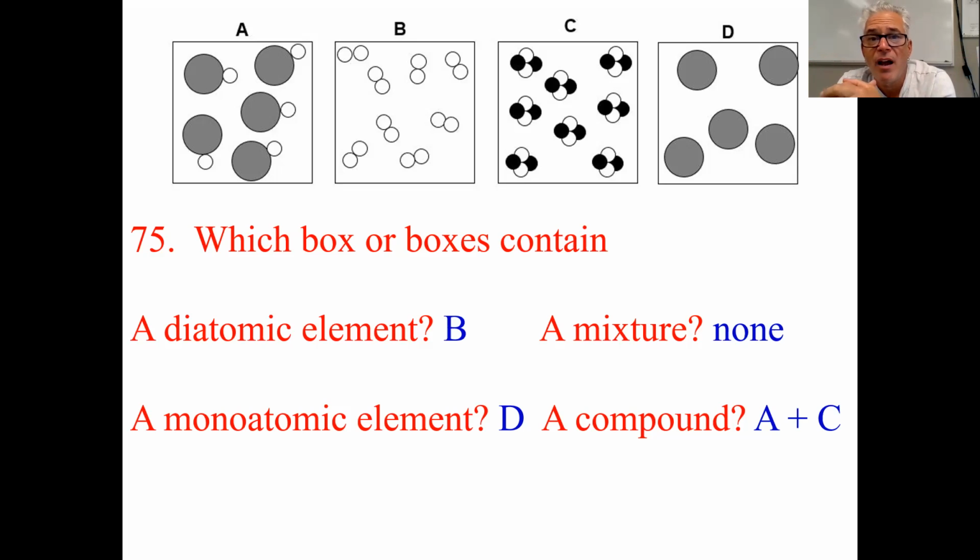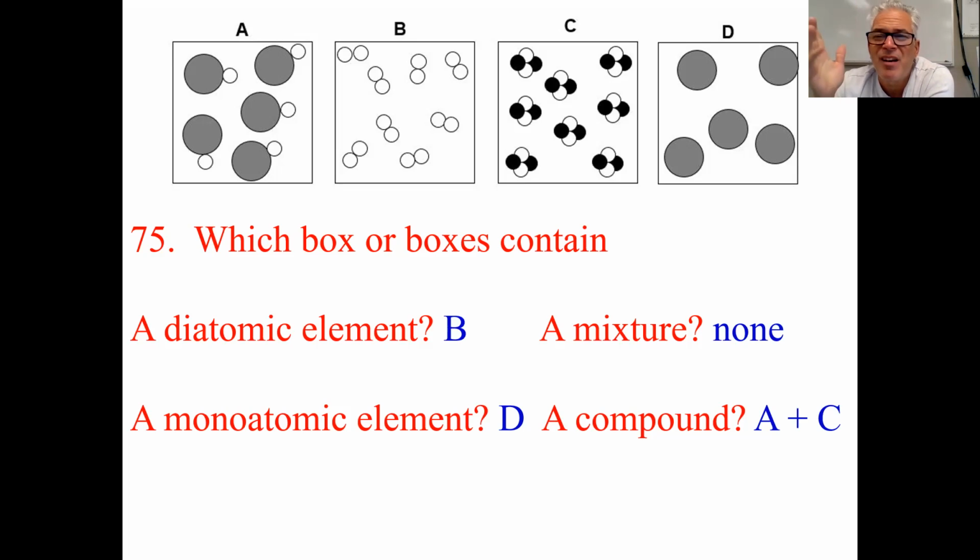Maybe it's sodium chloride. In box B, that's not a mixture. That's a diatomic element. It might be oxygen, pure. It's the same throughout. The next one seems to be in some sort of 2-to-2 ratio. Maybe it's hydrogen peroxide, H2O2. Well, that's not a mixture. They're all the same. And D, that seems like another element. Maybe it's neon, atoms of neon or atoms of helium, single atom gas, right?